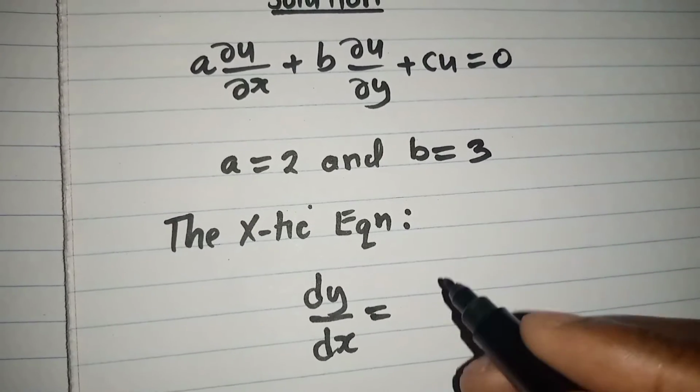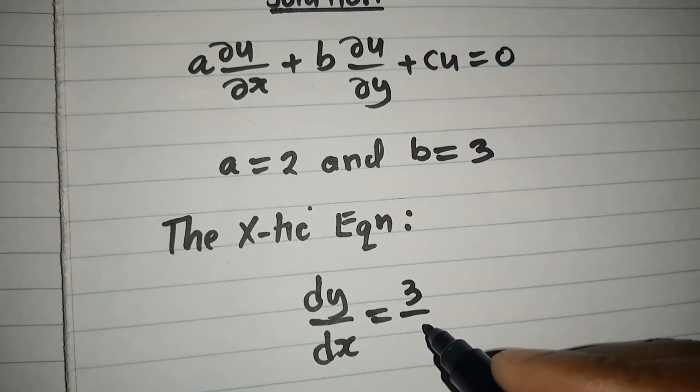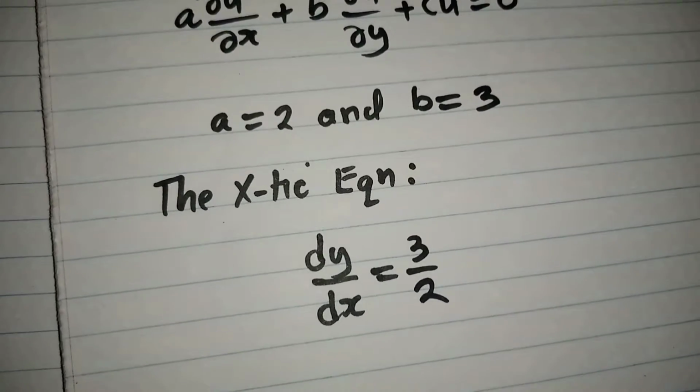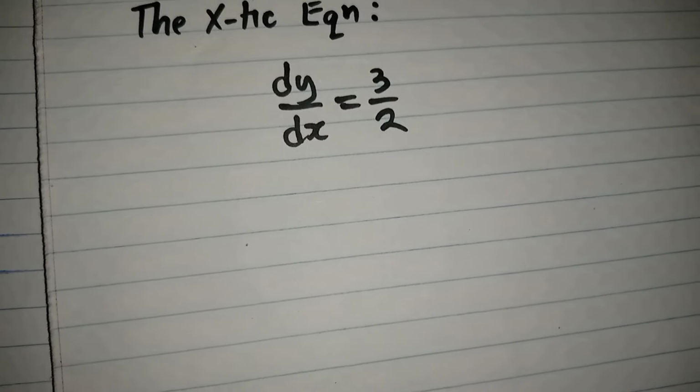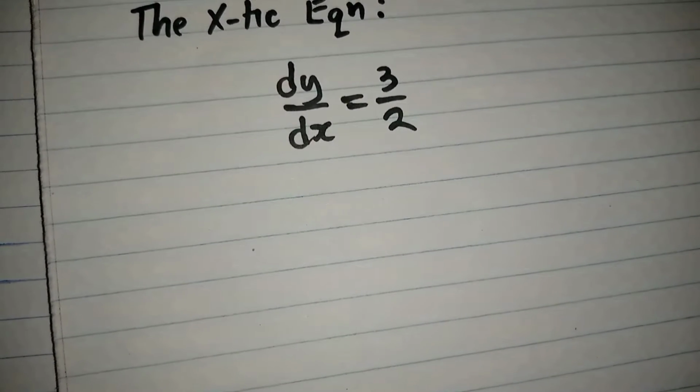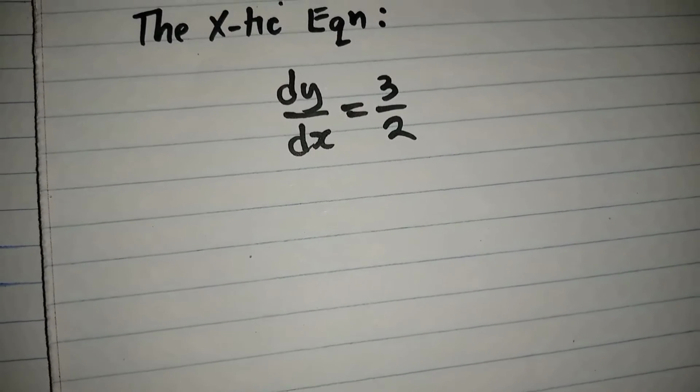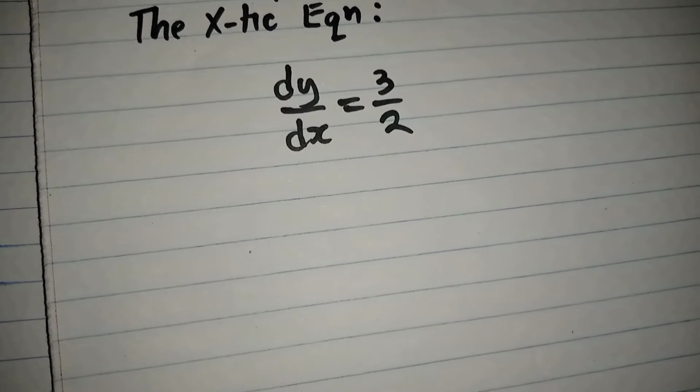So our value of b over a is 3 over 2. Our value of dy over dx is 3 over 2.